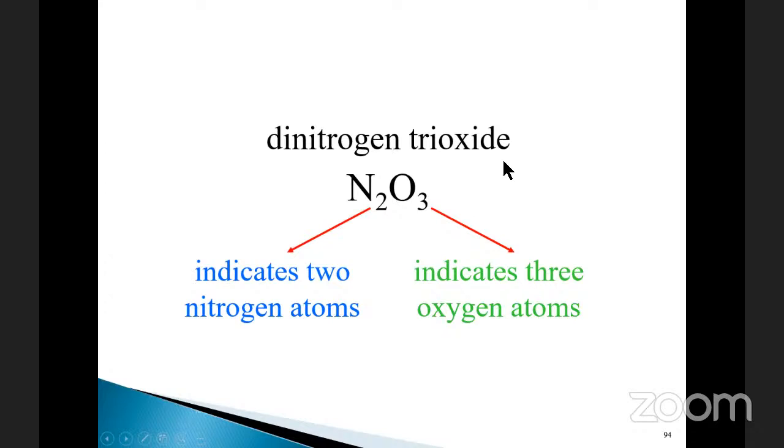Di, because there are 2 nitrogen atoms, so that's where the dinitrogen comes from. And the tri comes from the fact that there are 3 oxygen atoms. But remember, for the second element, its name must end with IDE, so that's why it's called trioxide. So the full name is dinitrogen trioxide. Any questions about this example?